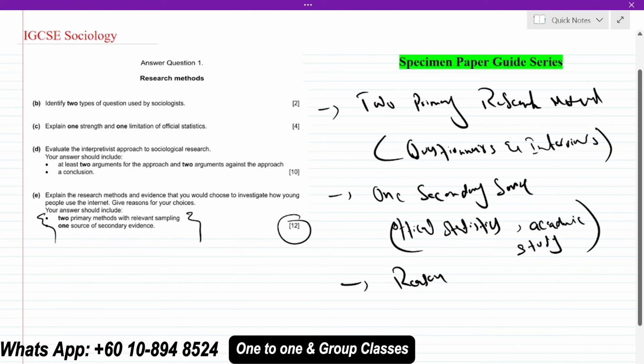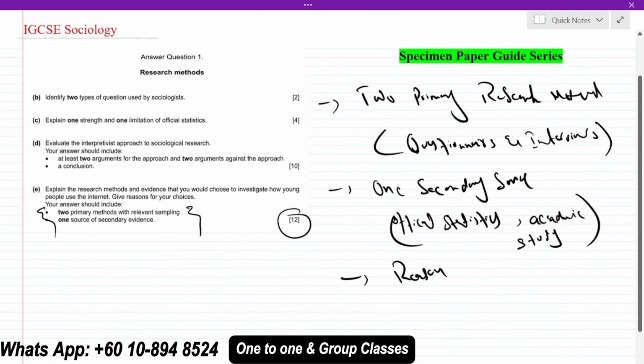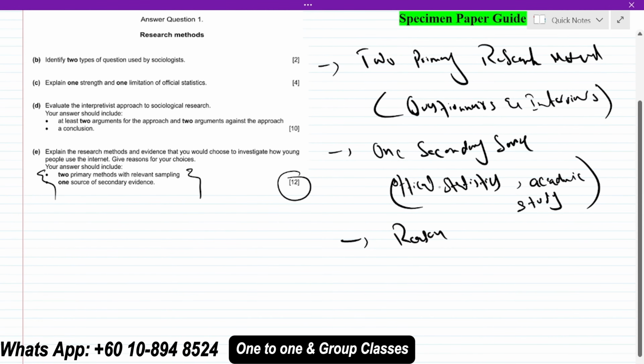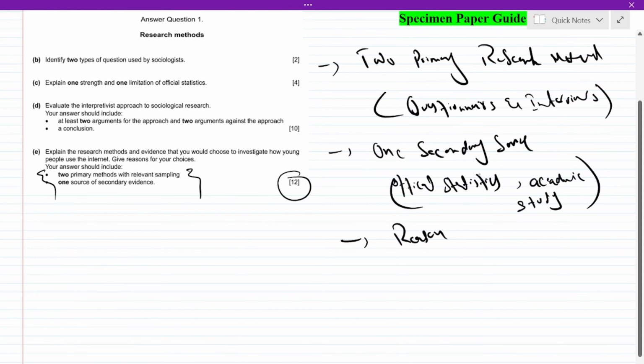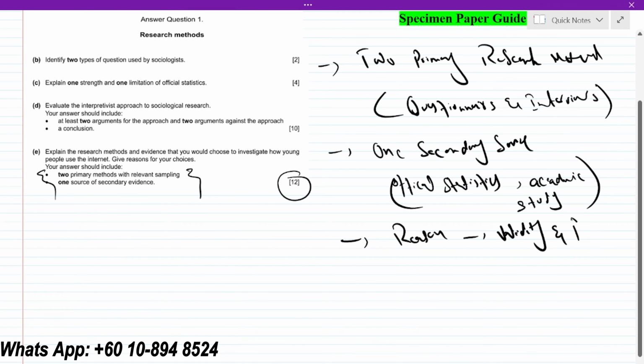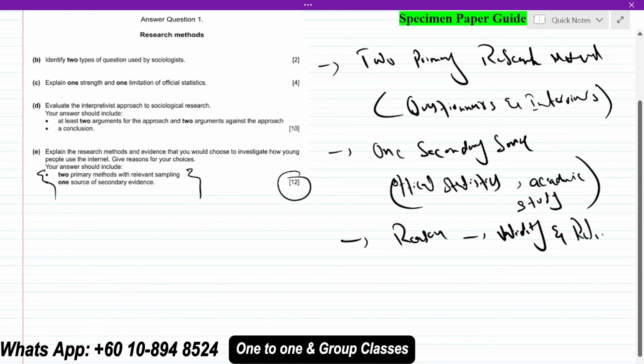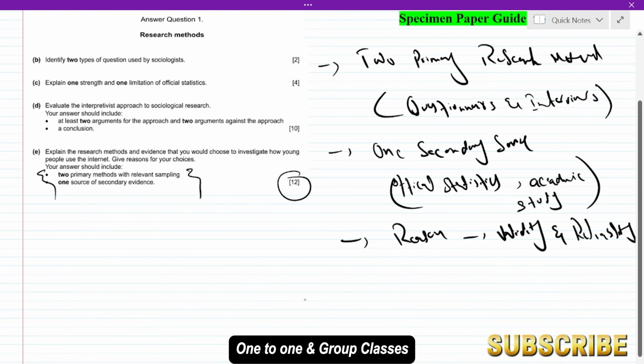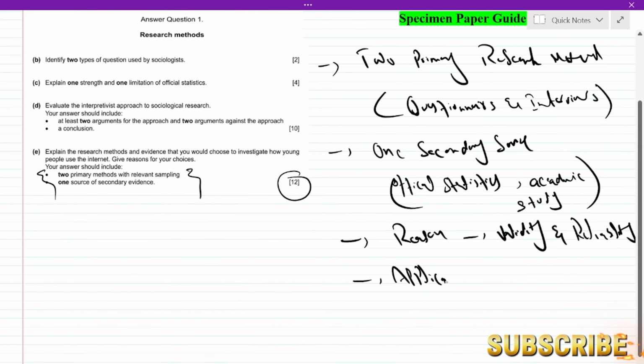Reason for our choice. To provide the reason for our choice, you will talk about validity, reliability, and practicality. And then we have application to the context.